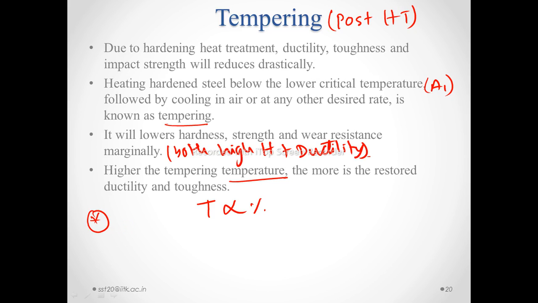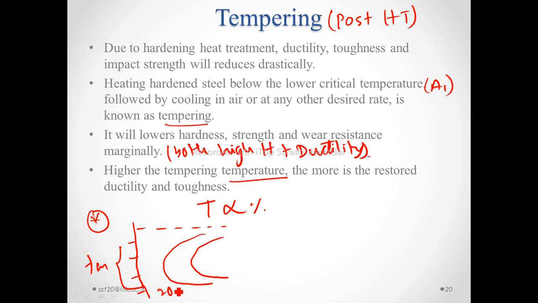In another video, I'll make a separate video for the stages we need to carry out in this tempering process, and I will draw the TTT diagram again. These stages are divided on the basis of temperatures: at lower temperature, about 200 to 300 degrees Celsius, and about 600, 800 to 900, about 1000 degrees Celsius, or something else.